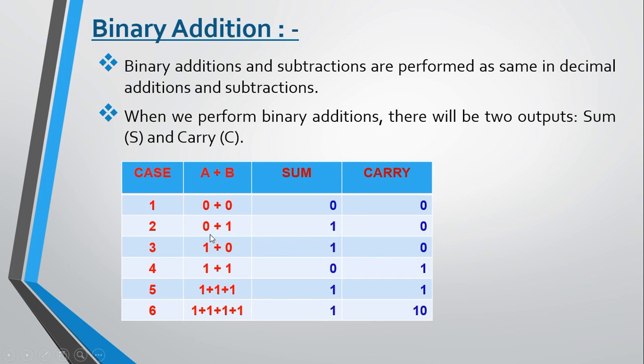So in both cases the sum would be 1 and carry would be 0. For the fourth case, 1 plus 1 returns 0 as the sum and 1 as the carry. For 1 plus 1 plus 1, the sum is 1 and the carry is 1. And 1 plus 1 plus 1 plus 1 will return sum as 0 and carry as 10.